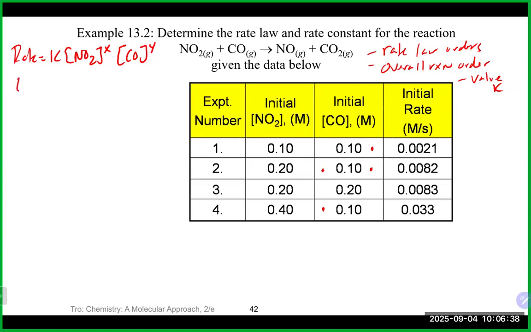So if we go with experiment 1 and 2, it does look like number 2 has the larger rate here. So I'm going to put that one on top.